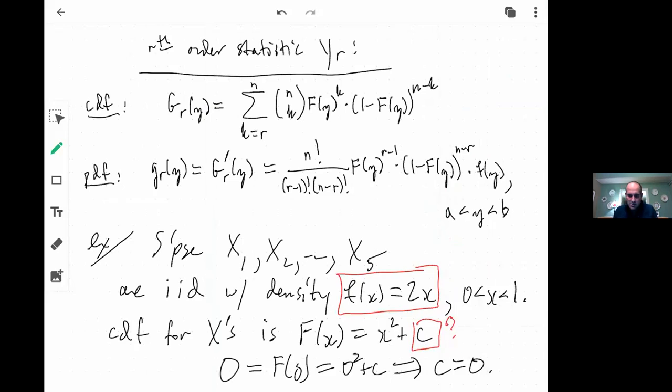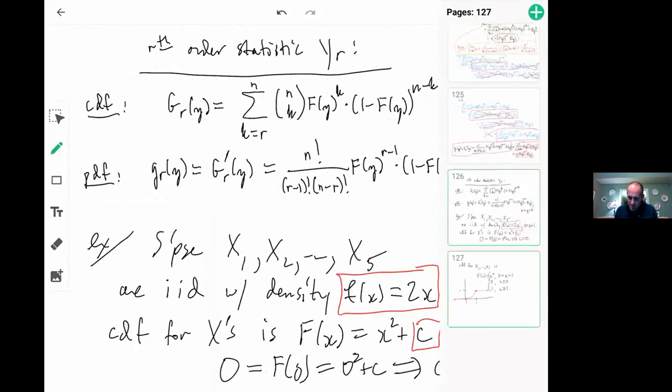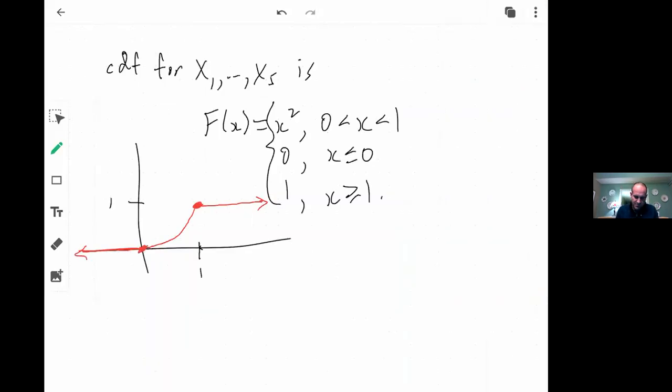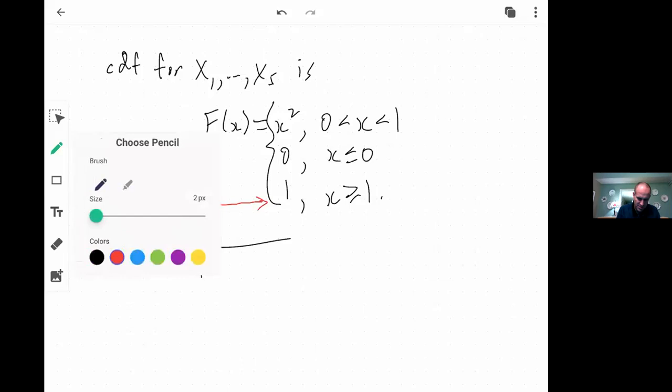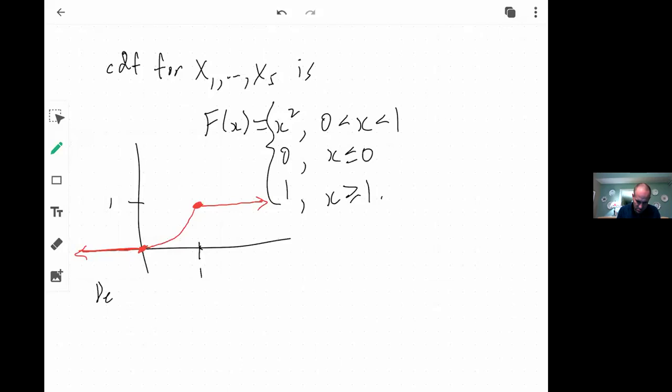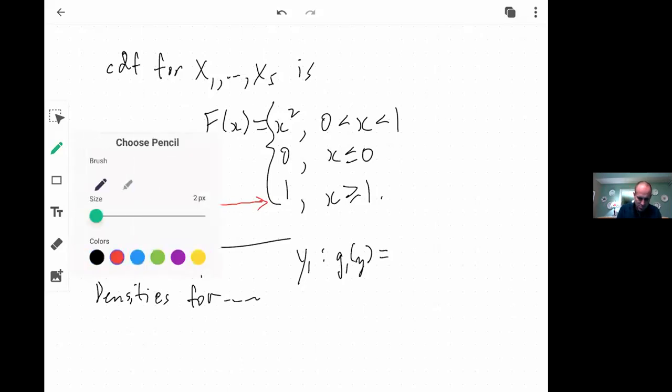Let's write down all the densities, for y1, g1 of little y equal to, well, let me write down the formula up here at the top so that we don't have to keep remembering it.